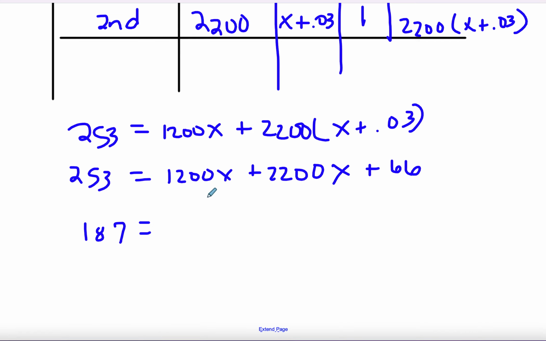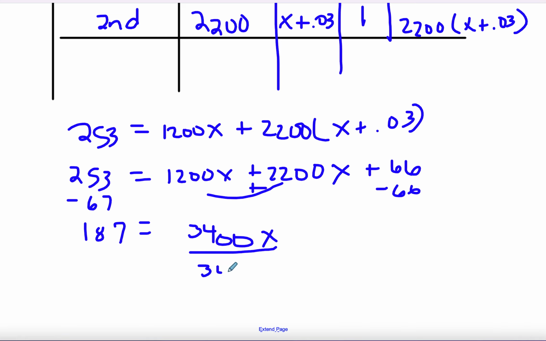Add these two together as like terms. So we subtracted the 66 and got the 187. Add these two together and we get 3400x. And we divide and find the first interest rate. Now when we divide here, our interest rate is going to be written as a decimal. We want it to be written as a percent.